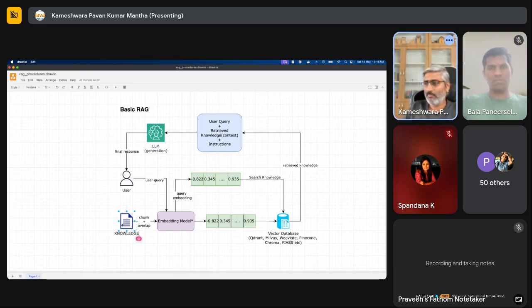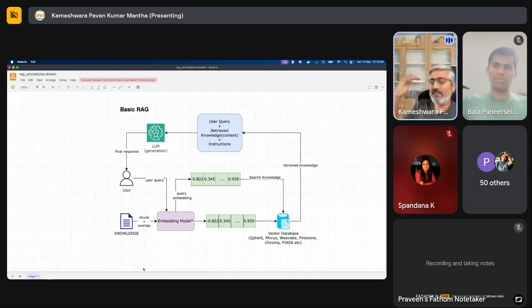So this is the knowledge. We will not transfer the whole knowledge at once, because for a given query, not the whole knowledge is responsible, but there are only a few parts you have to look into and connect those dots to get the relevant answer.